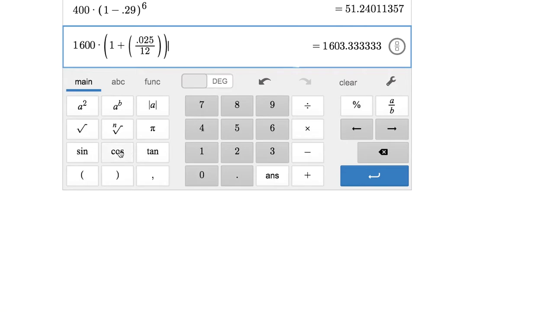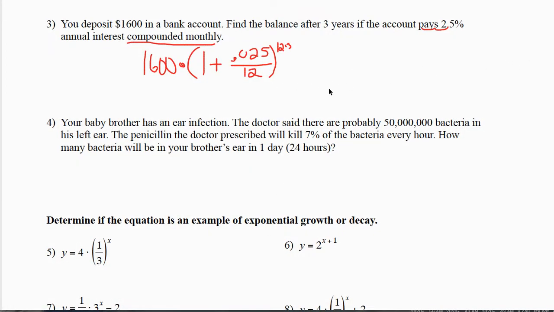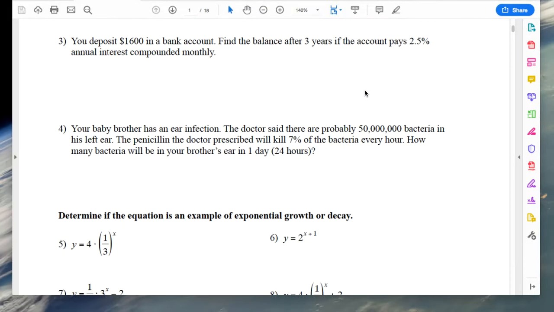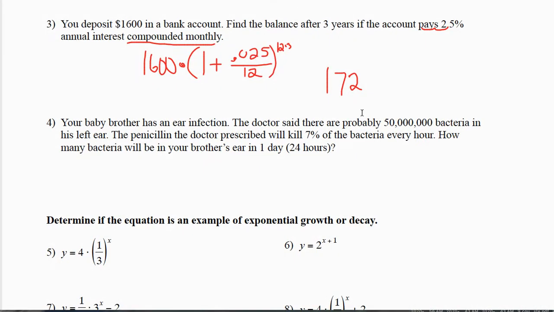So we have this, and then we do to the exponent of 36. Where did the 36 come from? Well, that was 12 times 3. All right, so you should have $1,724.48. 1,700, how much? $24.48.